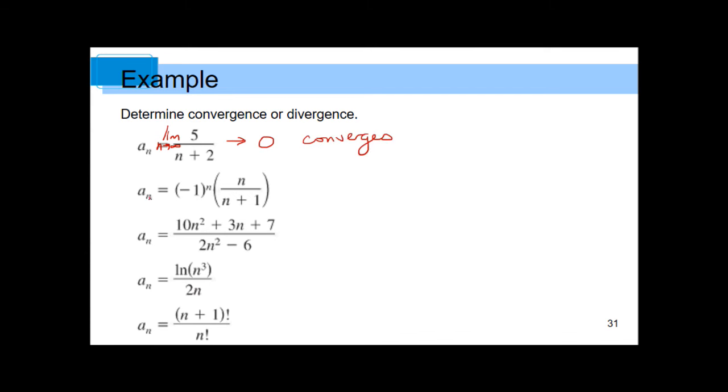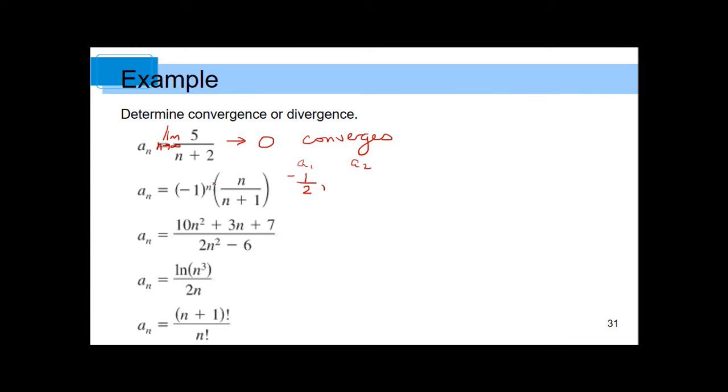On the other hand, for a sub n equals negative 1 to the n times n over n plus 1, let's just list out a few terms here to understand what's happening. We have 1 over 1 plus 1 is 2, and that one is going to be negative for a sub 1, because the negative 1 is to the first power.